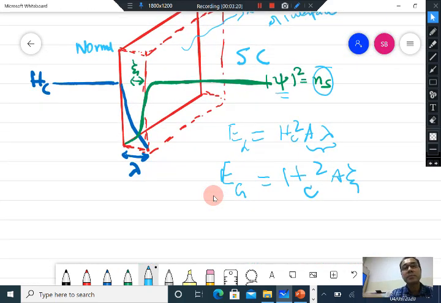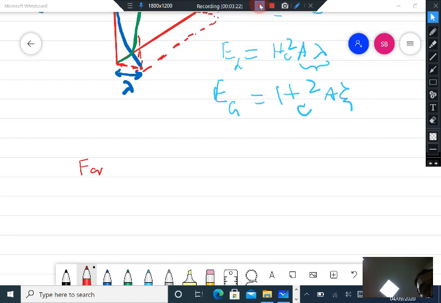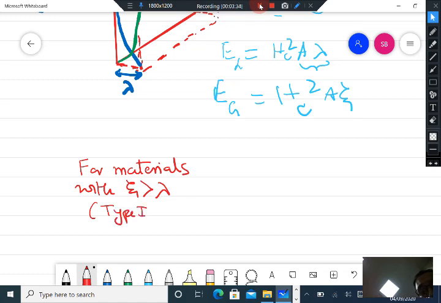So for materials with xi greater than lambda, namely type 1 materials, the energy cost per unit area for maintaining the interface is Hc square (xi minus lambda).